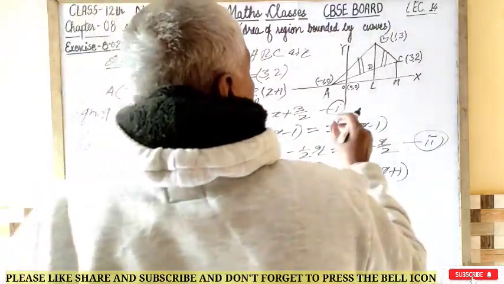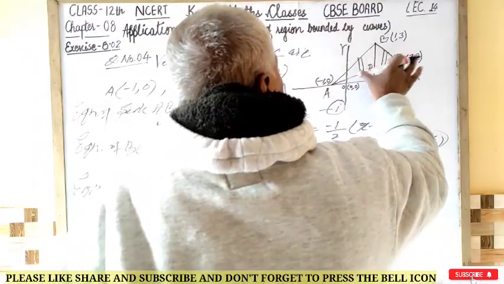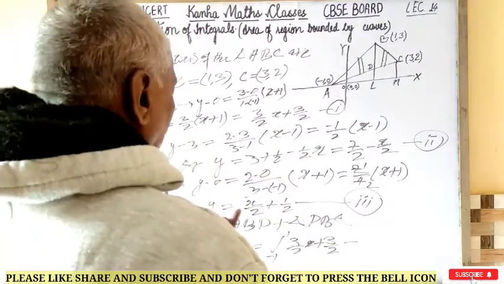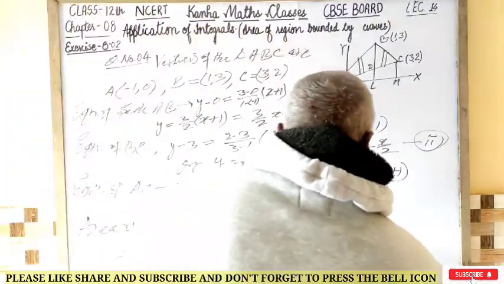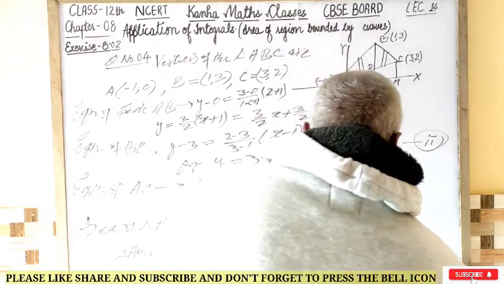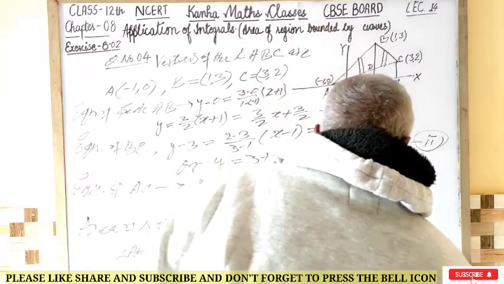y1 means the value of y in the equation of AC. In the equation of AC, y1 is equal to x by 2 plus 1 by 2, dx.